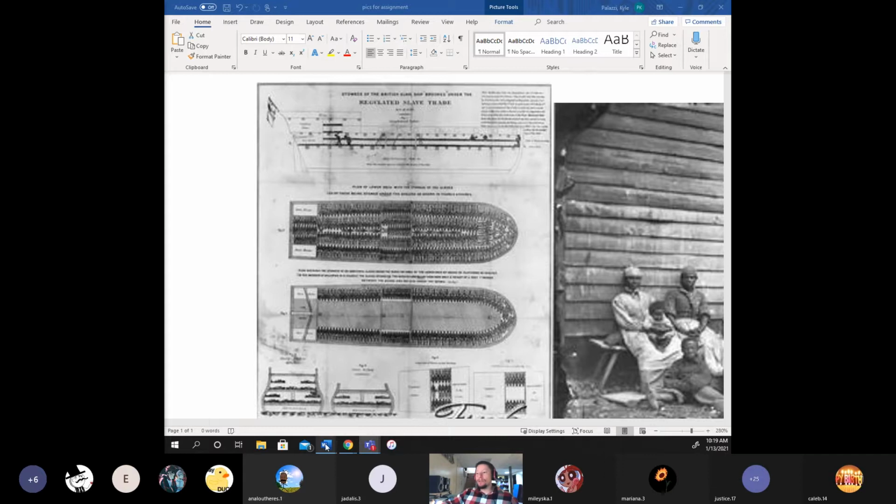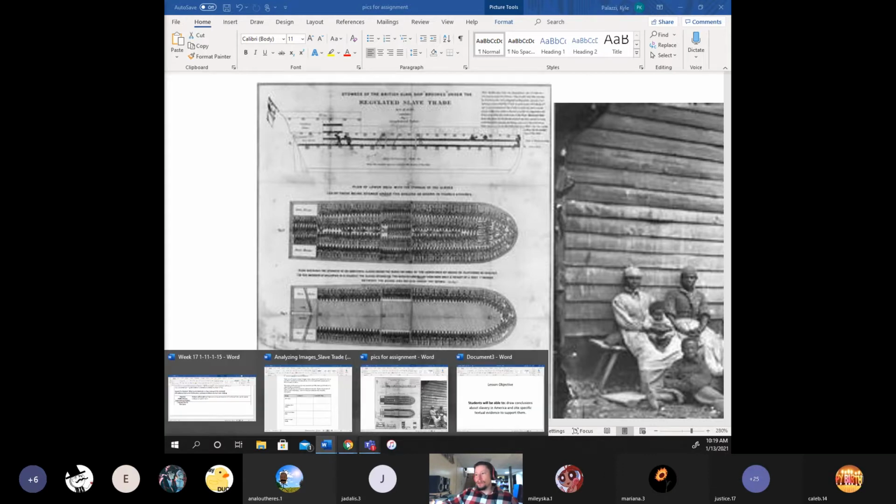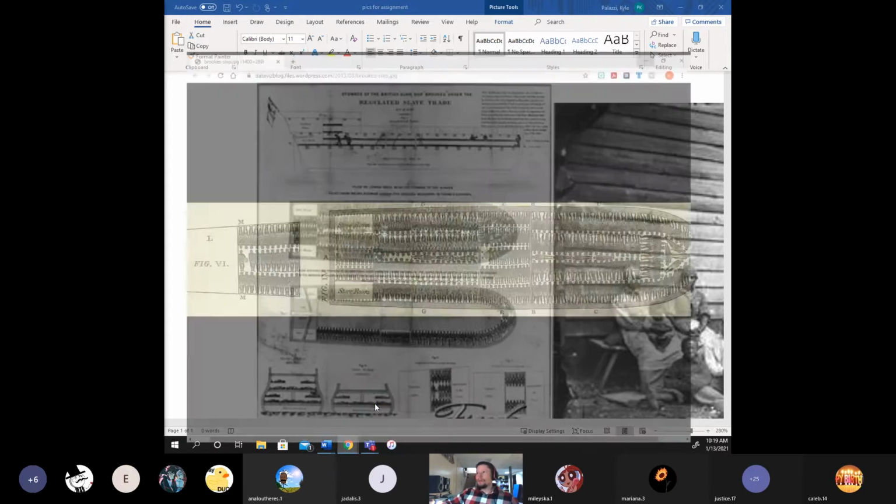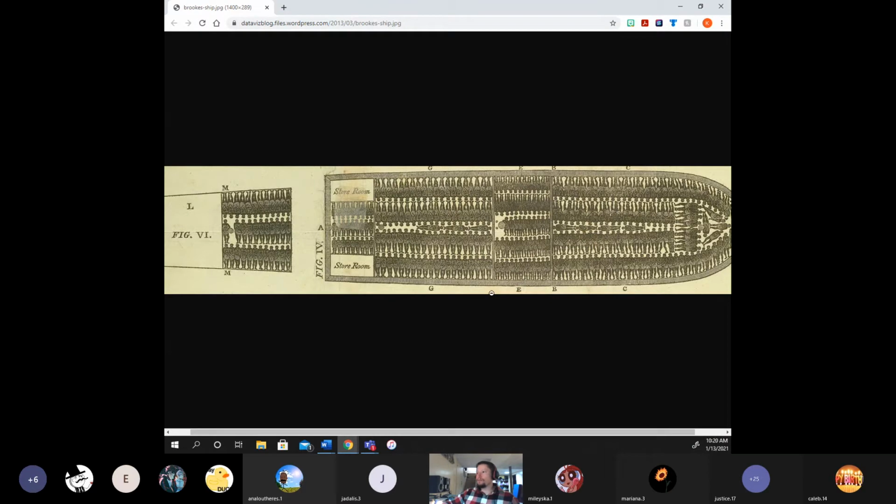So this is the image that we're going to look at, and I'm also going to pull up another image that is probably going to be a little bit clearer. This is a diagram of one of the slave ships, an example of a slave ship. What I would like for you to do is take one minute to look at it and note what you observe.